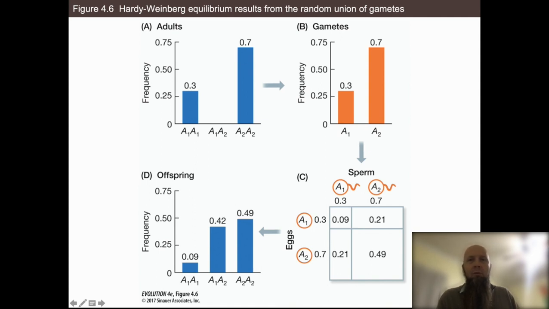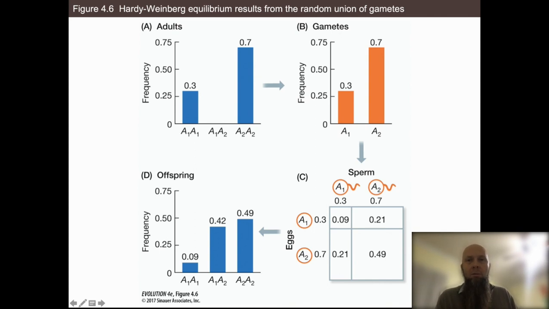You'll see that in graph B, the frequency of those gametes is 30% and 70% respectively. If you remember from your intro bio course, you learned how these allele frequencies can be used to predict genotype frequencies. Remember, every individual like you that is a diploid has two copies of every gene.